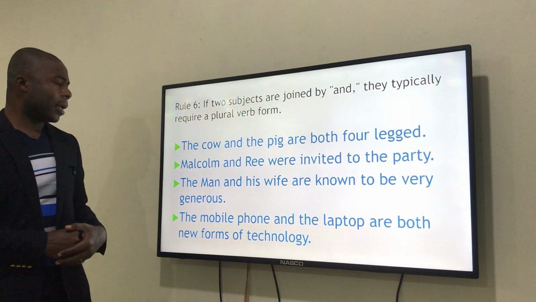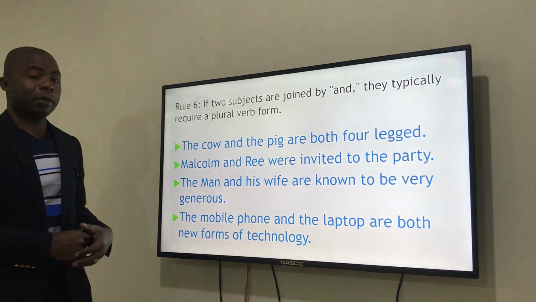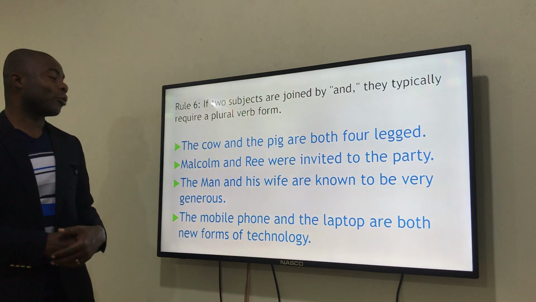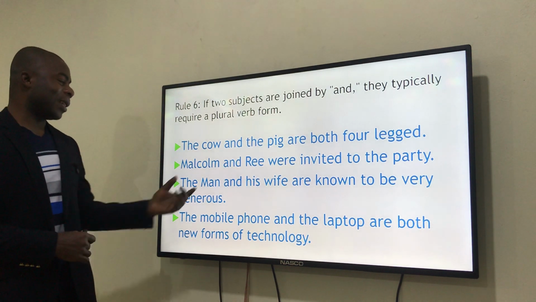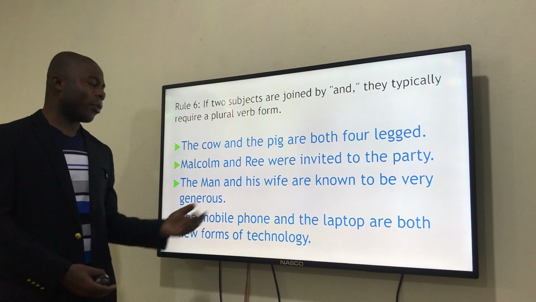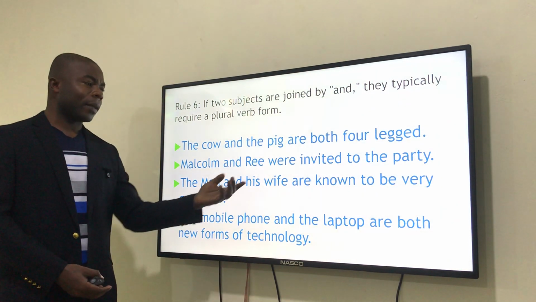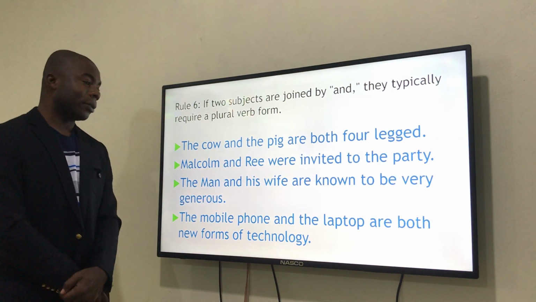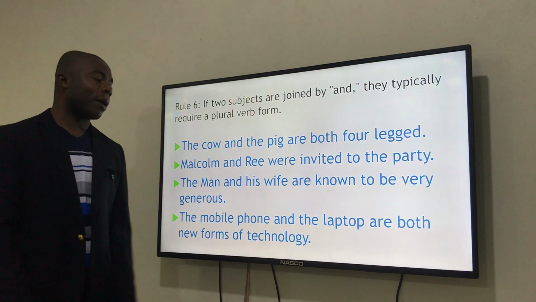And then we see the man and his wife are known to be very generous. The man, one subject, his wife, another subject. Of course, we can see and over here, are known to be very generous. So two separate subjects, the verb are, correct.